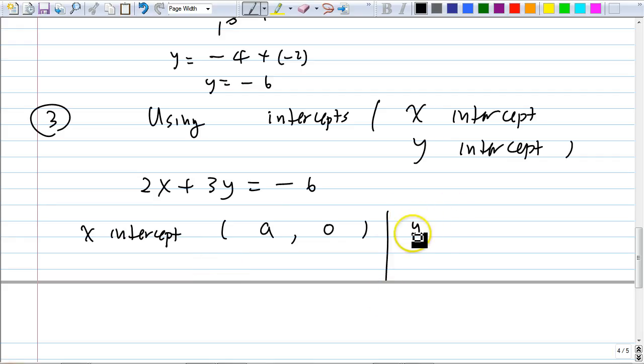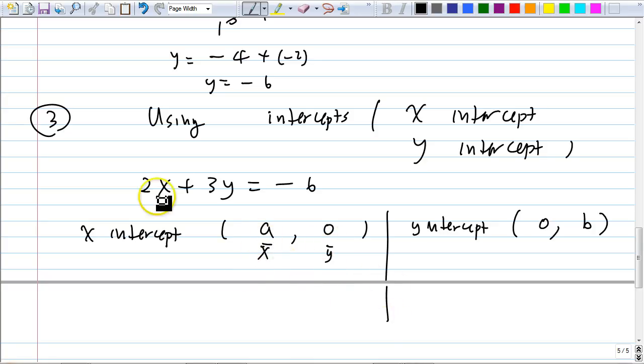And if you have a y-intercept, since the point has to be on the y-axis, you can't go left or right from the origin, so you have 0, comma b. So all you have to do is plug in a for x, 0 for y, and solve for a to get the x-intercept.